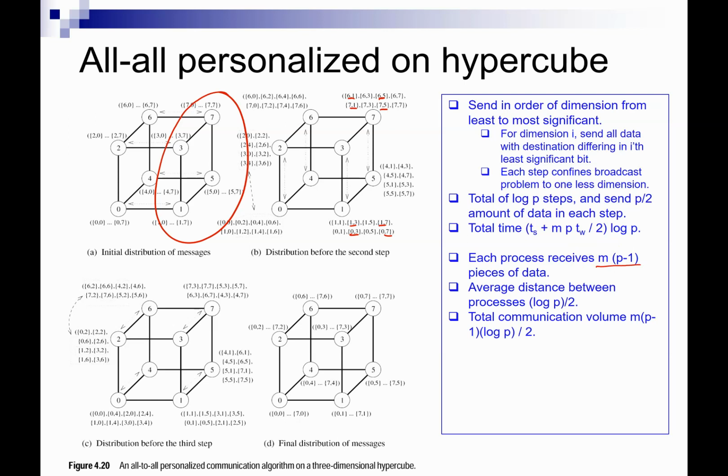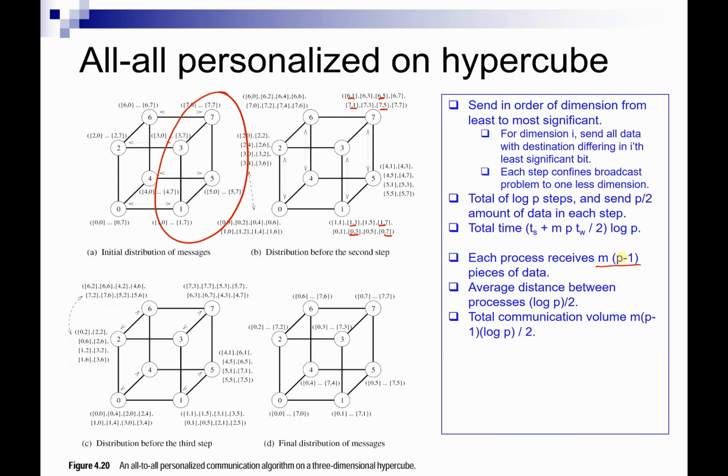Well, since you're receiving data from all of the other processes, the average distance that the data had to travel is basically log p divided by 2, right? Because the diameter, the farthest distance that you would receive a message from, is log p. So the average distance is log p divided by 2.